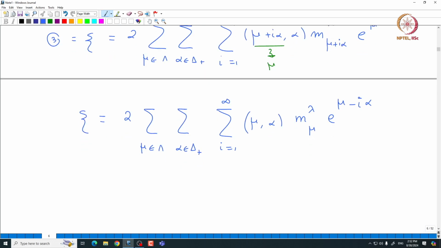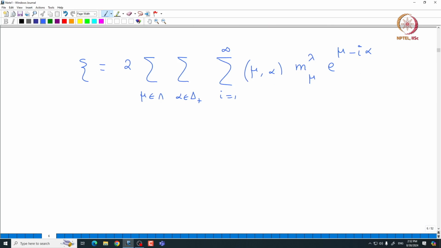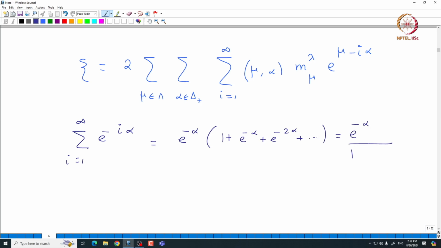Now one can rewrite this as follows. Recall that if I take the summation of e power minus i alpha, i ranging from 1 to infinity, this is exactly equal to e power minus alpha times 1 plus e power minus alpha plus e power minus 2 alpha, etcetera, which is exactly equal to e power minus alpha divided by 1 minus e power minus alpha.